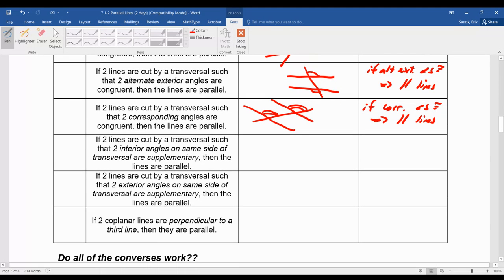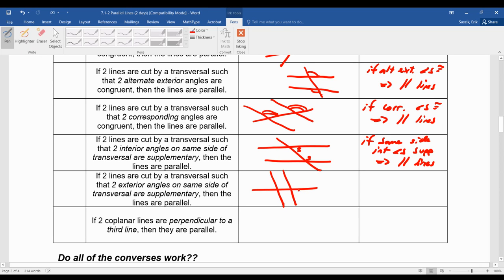Now it gets even longer, right? If same side interior angles are sup, so if this was sup to that, if same side interior angles sup, still kind of some writing to do, but it's a lot better than what's over here, then parallel lines. And then of course we're going to do the same thing with exterior.